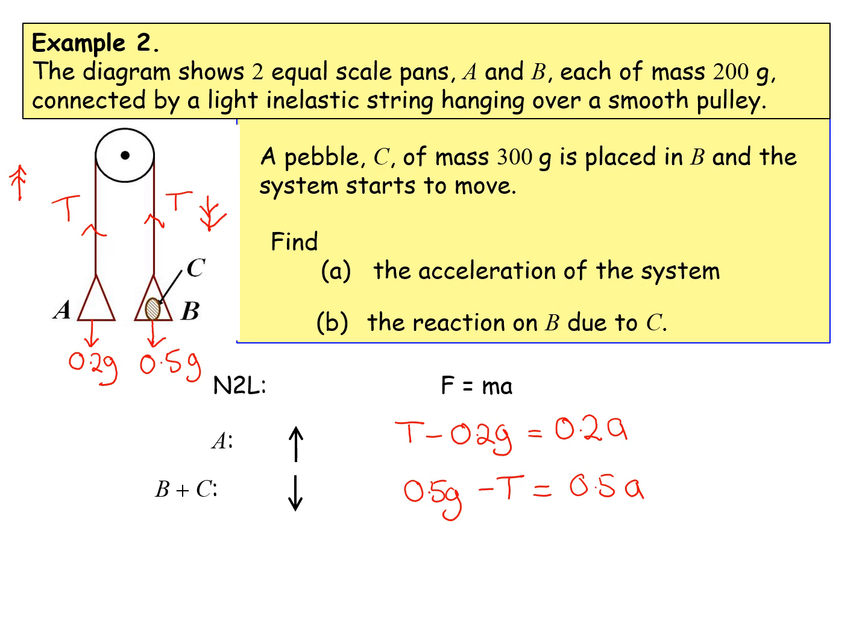Right, we can solve those on the calculator. I think the way I showed you last time didn't show up the calculator. I'm very sorry, but we're in equations mode.